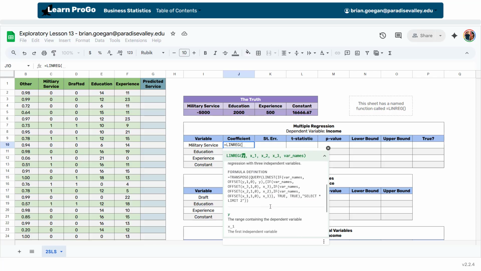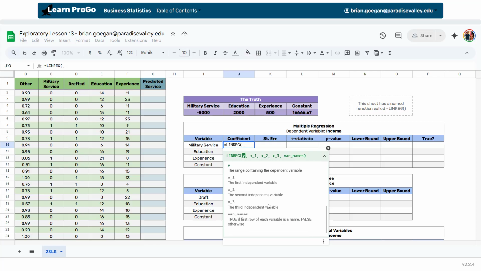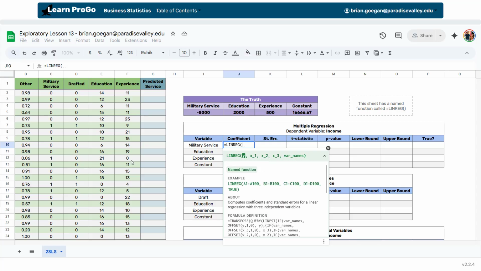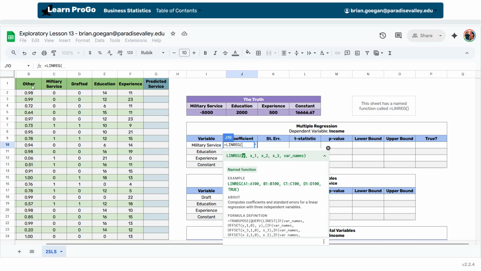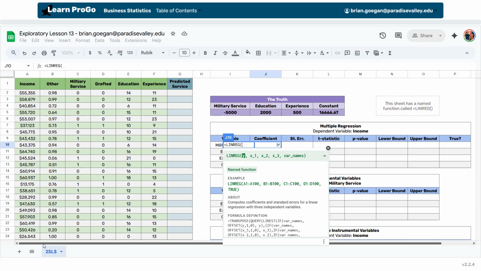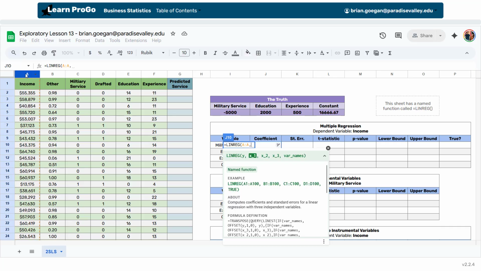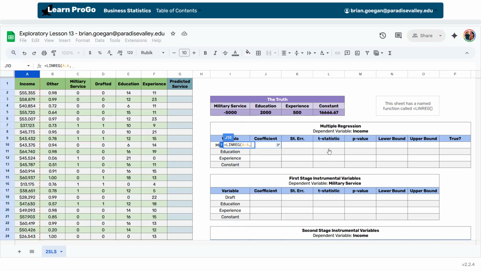And you can see we've got this detailed formula about how it works, some explanation of it that I put in here. We want to do a regression where the dependent variable is income. So I need to slide this over so that I can see income in column A here is what I'm going to select for Y. And then I can include up to 3 variables, which is what I need because I want to include, what do I need?